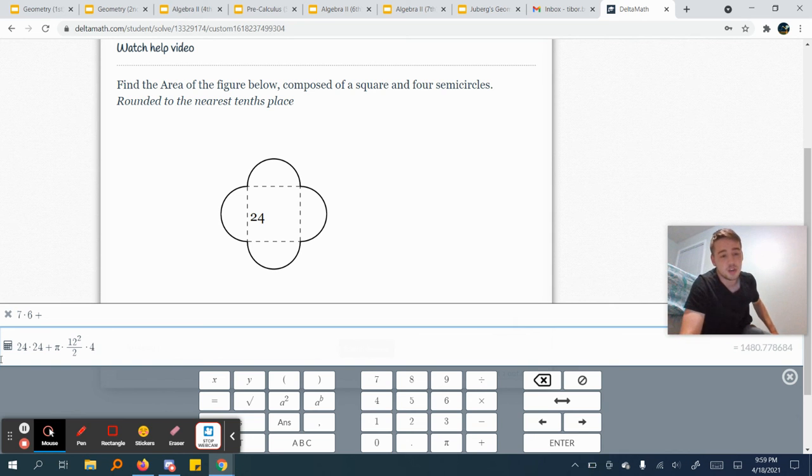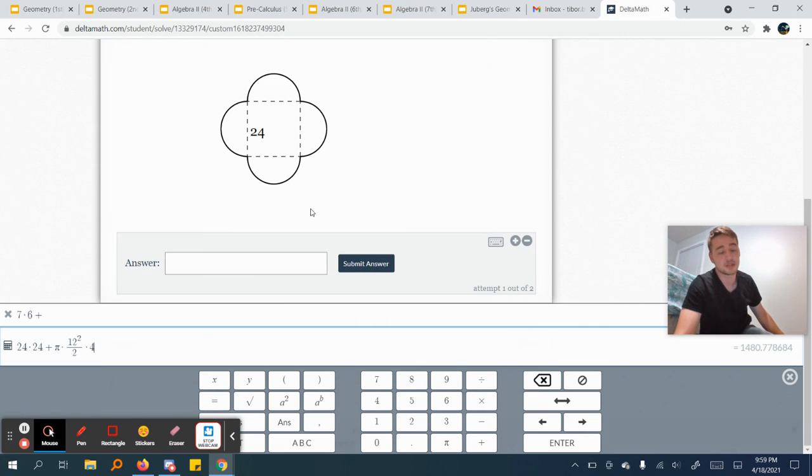If you're quick-witted here, you might see that divided by 2 and times 4 means there's only 2 full circles. But if you want to just do it by the 4 semicircles, you'll still get the right answer. So as long as you can calculate the square and each semicircle and the number of semicircles, then you're going to get 1480.77, which rounds to 1480.8.